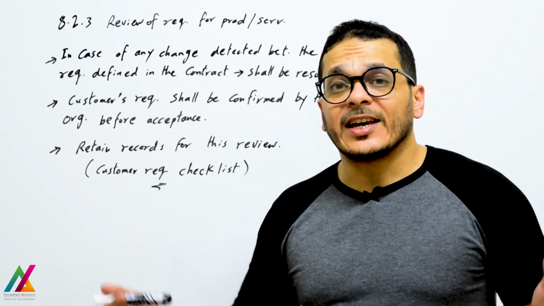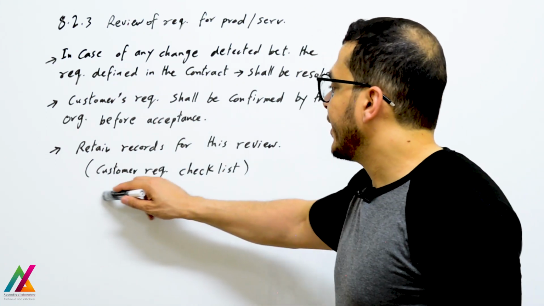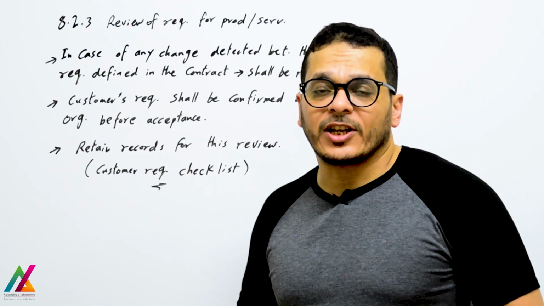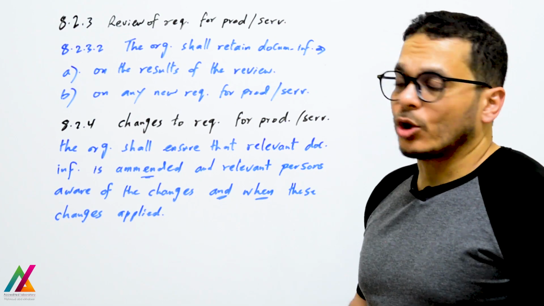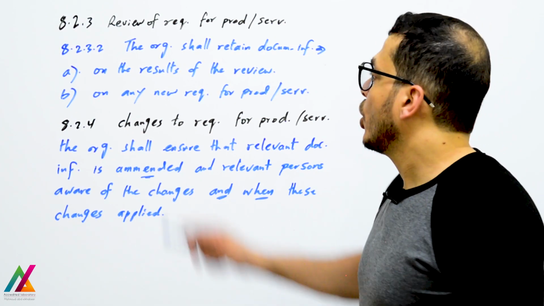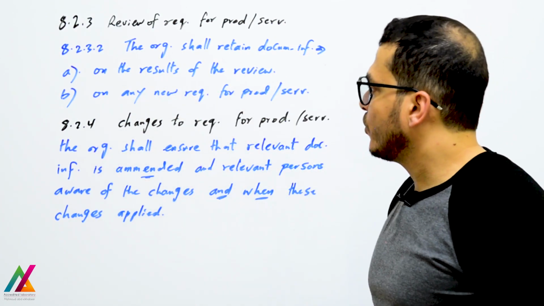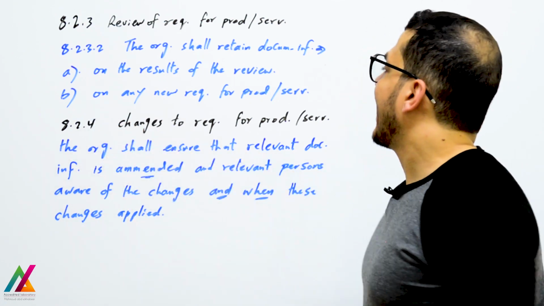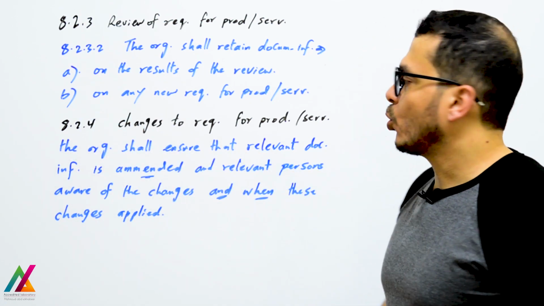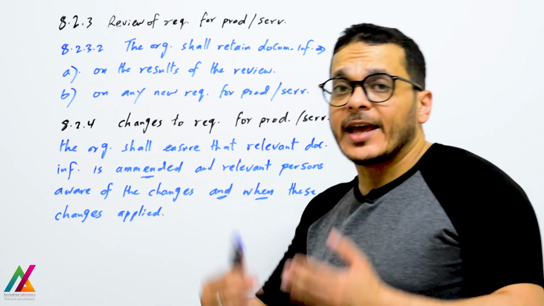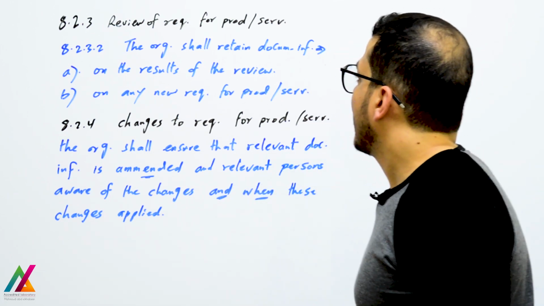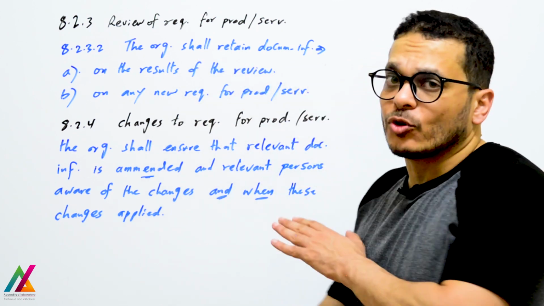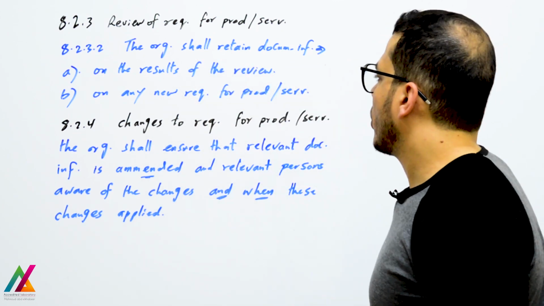They will make a review and record it in this customer requirements checklist, and the organization shall retain documented information, as I said before, on the results of the review or on any new requirements for product or service. If the customer adds more requirements or the organization adds more requirements, they shall also retain documented information for all of these requirements.